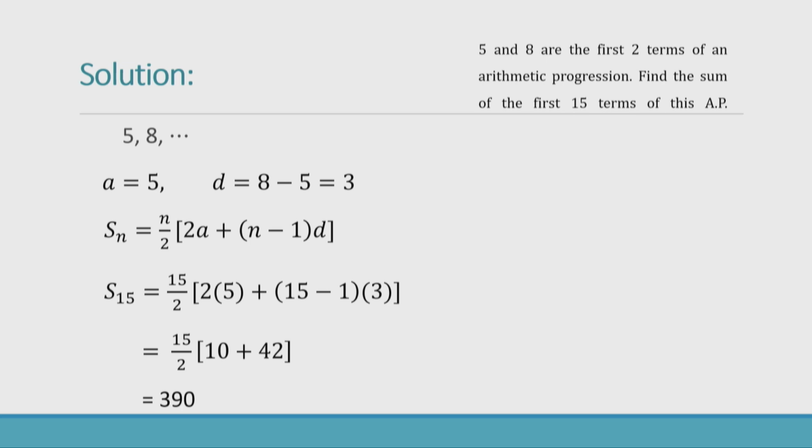So here I will replace n by 15, a by 5 and d by 3. So we get 15 over 2 into (2 times 5 plus (15 minus 1) times 3). Simplifying, we get 390 for the sum of the first 15 terms.